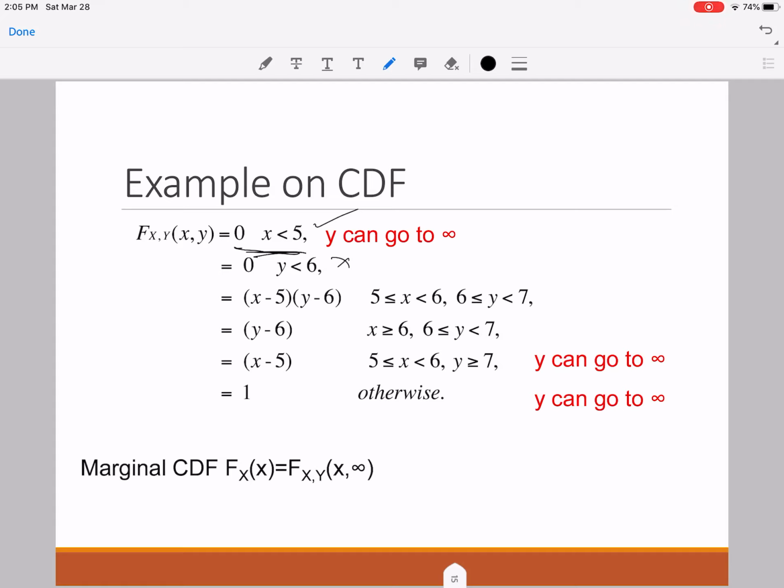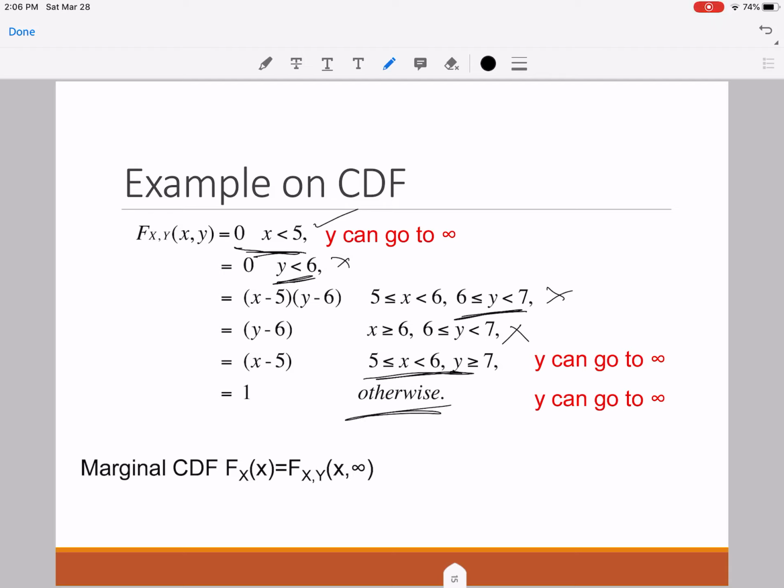Y cannot go to infinity here because you are explicitly constraining y to be less than 6. Y cannot go to infinity here either because you're constraining y to be between 6 and 7. Similarly, y cannot go to infinity here, but in this part right here, y can go to infinity because y can go from 7 to infinity.